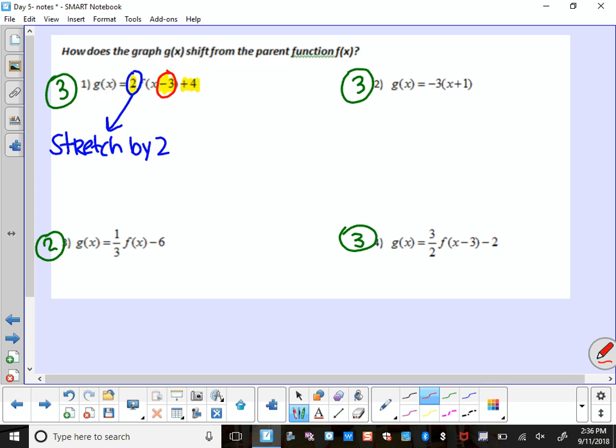My negative 3 tells me to do what? Right 3. And plus 4 at the very end tells me to do what? Go up. Perfect. Okay, I won't break it down like that, but I want you guys to see it for the first one.